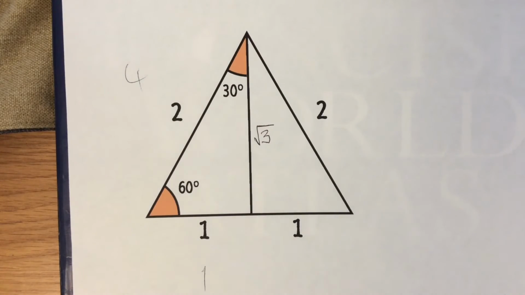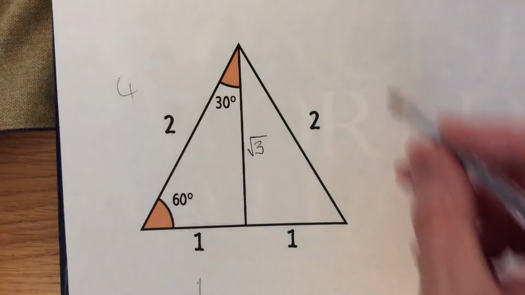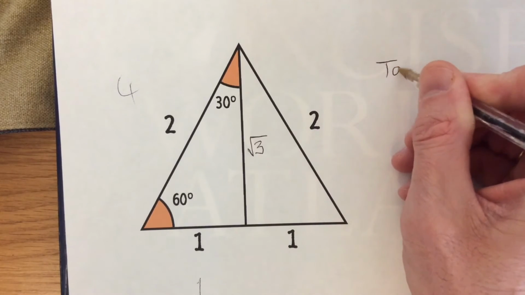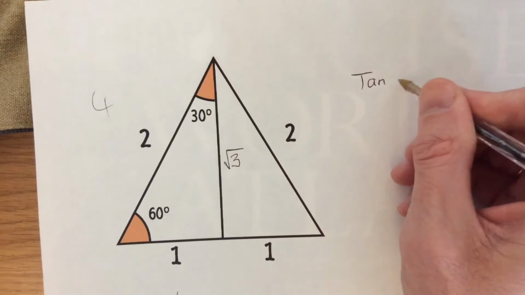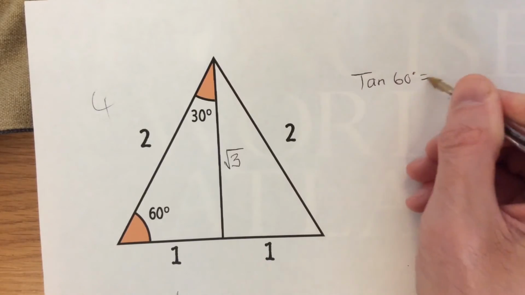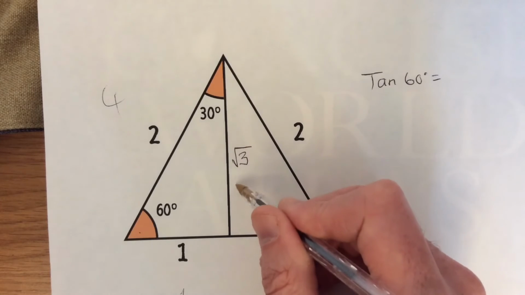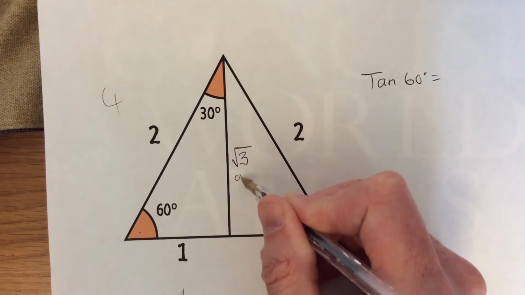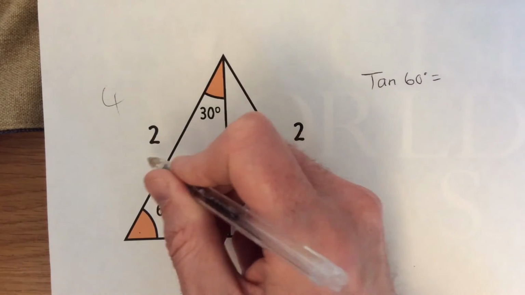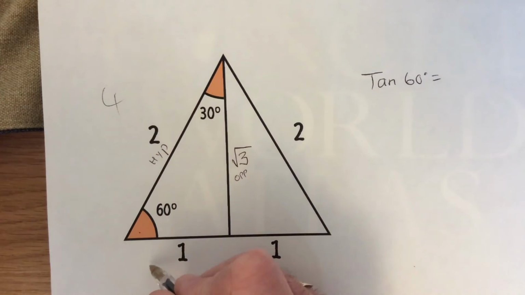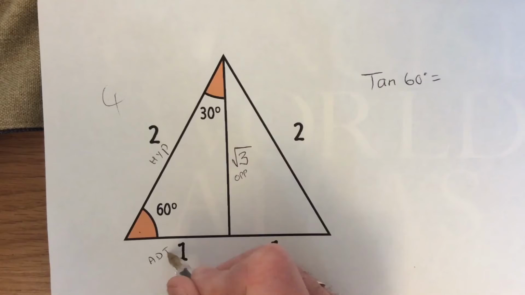I can do things like tan 30 and tan 60, and we'll see what we get. So first of all, I'll do tan 60 degrees. If I'm using this angle here, this becomes the opposite. That's my height, and this is my adjacent.